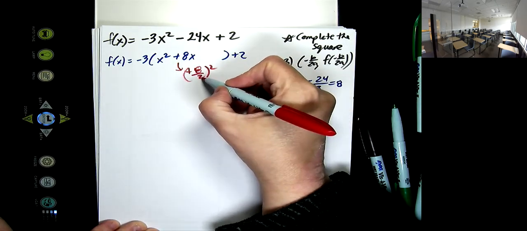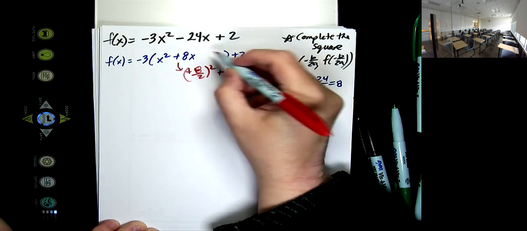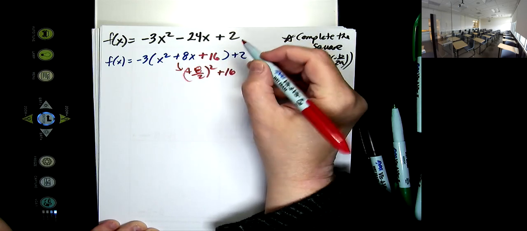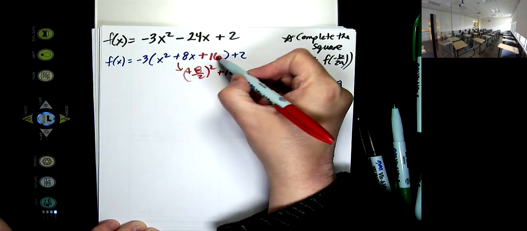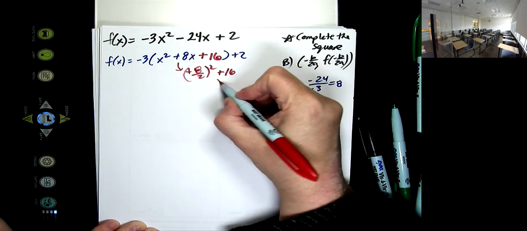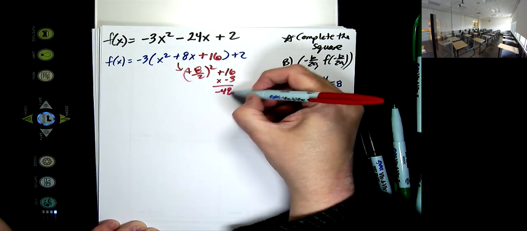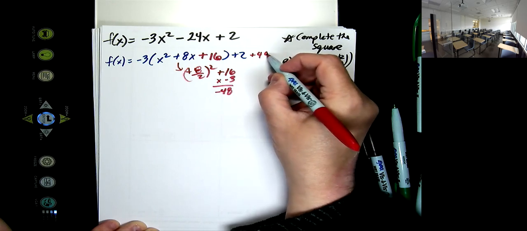That's plus 4 squared, so that's plus 16. And what I really did, I didn't add 16. I added 16 times -3, which is -48. Which means to do the opposite of that, I need to add 48 back in.